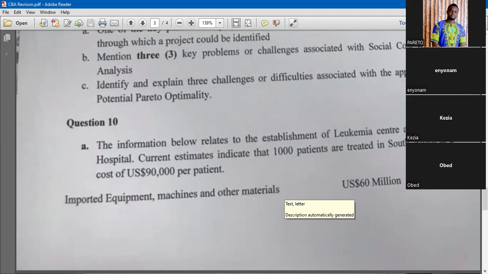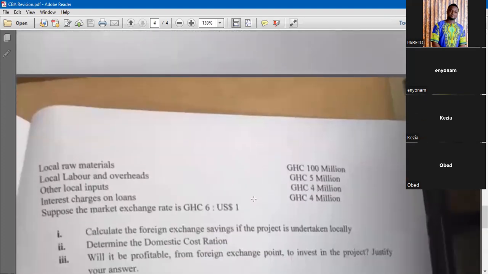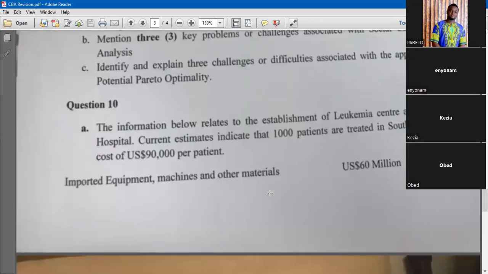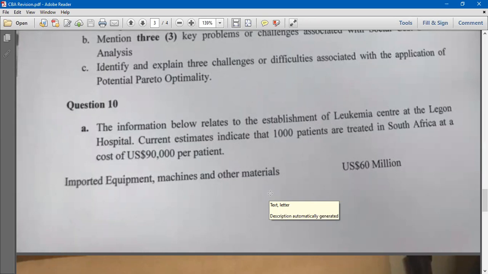The first thing you have to do, even if they don't ask you, but here they are asking us, is to calculate the foreign exchange savings if the project is undertaken locally. It's just the difference between the price of the output when we buy it from the outside world, and the cost when we buy the equipment and produce locally.